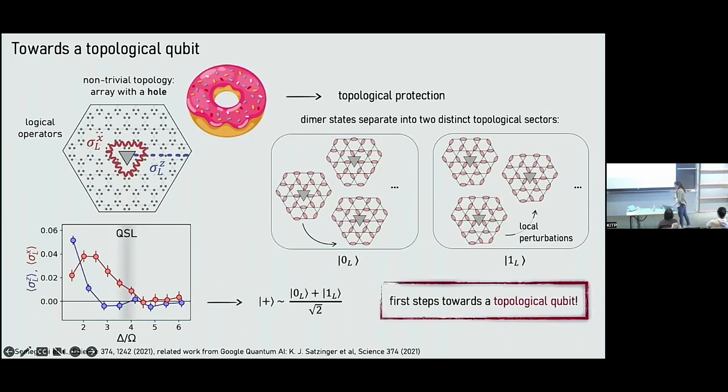So again, here I'm going very fast, and I'd be happy to give you more details afterwards if you're interested. But this is just to show you that using this spin liquid that we can generate by engineering this Hamiltonian in the system, we can also do the first steps towards the realization of a topological qubit that is based on this Z2 spin liquid.